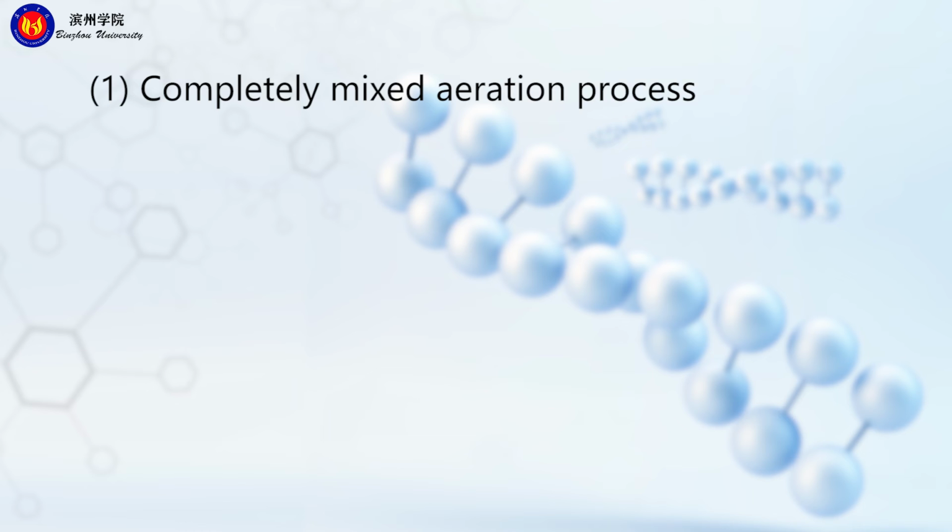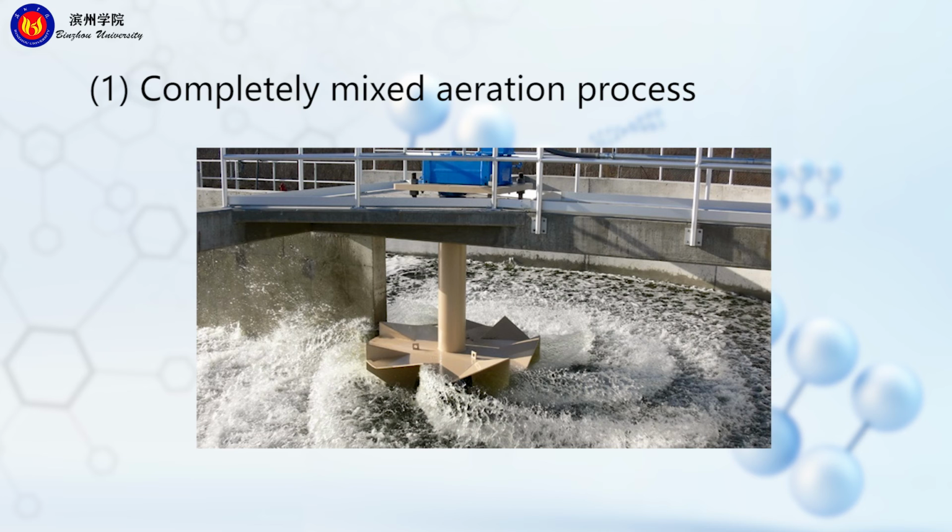There are many equipments for sewage treatment. One of them is completely mixed aeration process, which is a type of wastewater treatment process for treating wastewater or industrial wastewater using activated sludge composed of bacteria and protozoa.